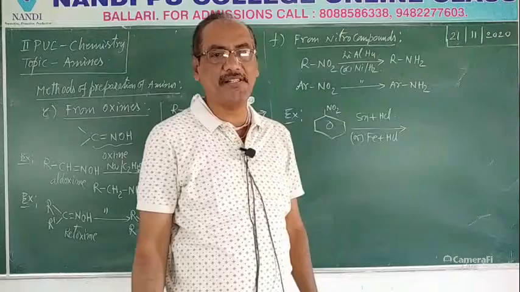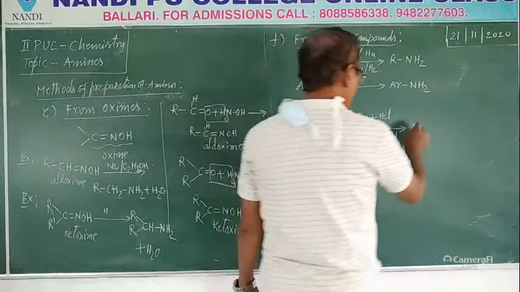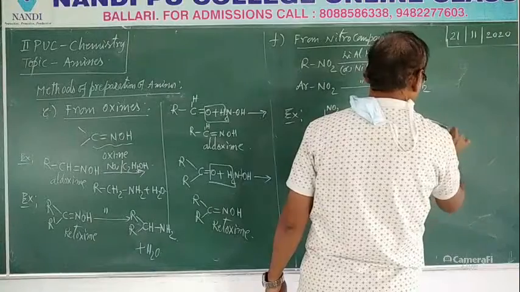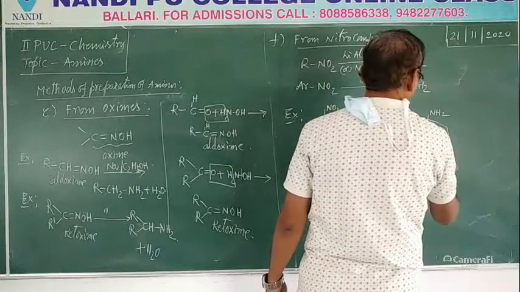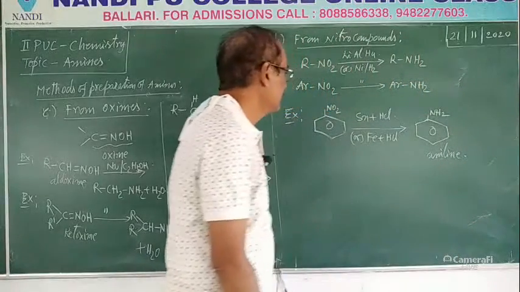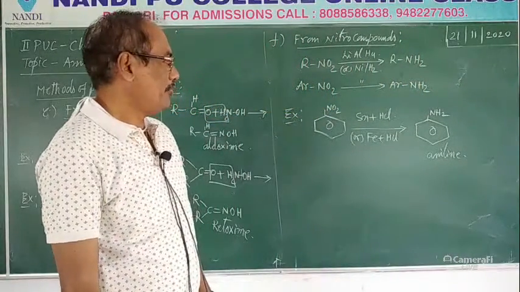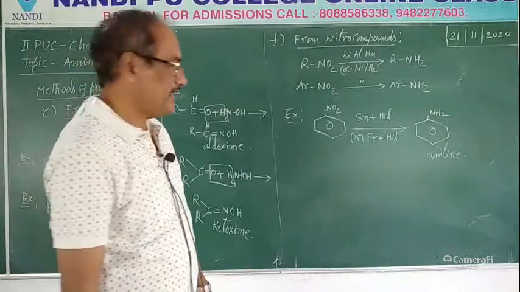This is also a reducing agent because both produce hydrogen. So you will get NH2, this is aniline. Nitrobenzene gives aminobenzene, right children?